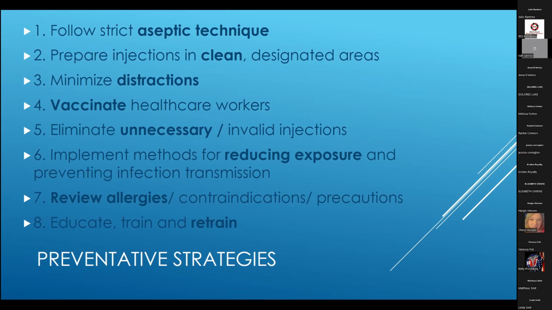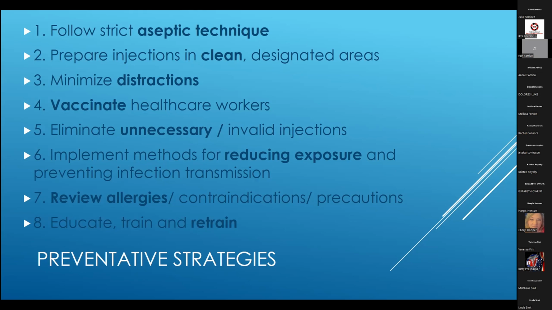Finally, we have a couple of preventative strategies. Always follow strict aseptic technique, making sure we do not touch those no-touch zones of syringes so that we don't contaminate them, and making sure staff know what these no-touch zones are. Prepare vaccinations in a clean, designated area, making sure it's disinfected, and making sure there are no interruptions when injections or vaccinations are prepared, because some vaccinations are very involved with reconstituting and all of that.